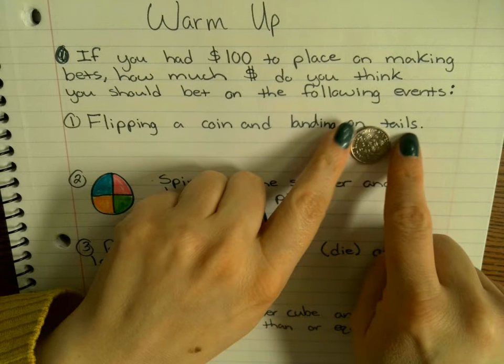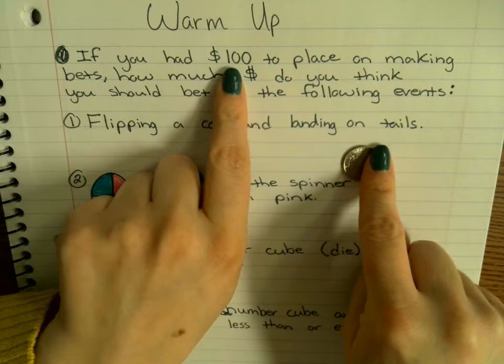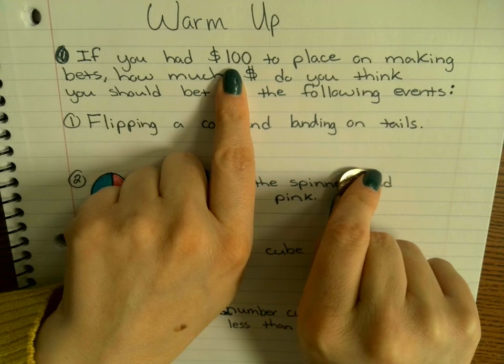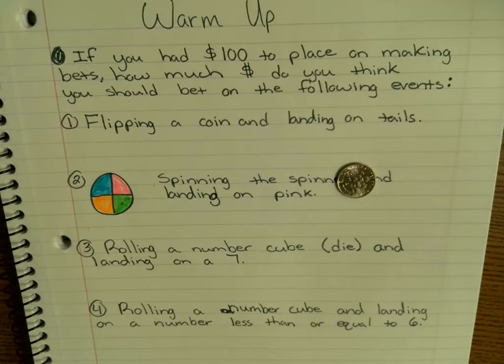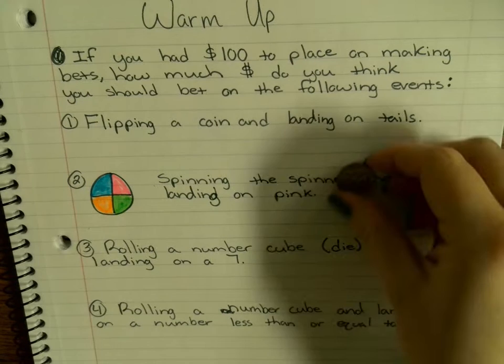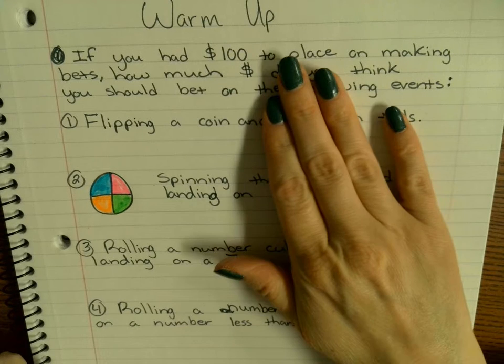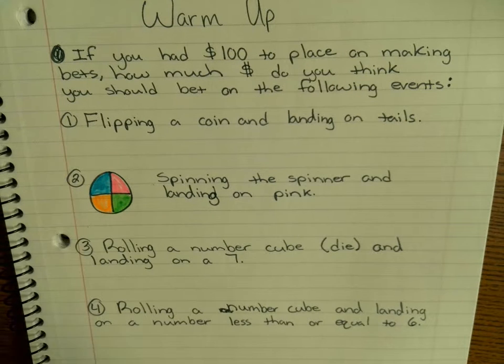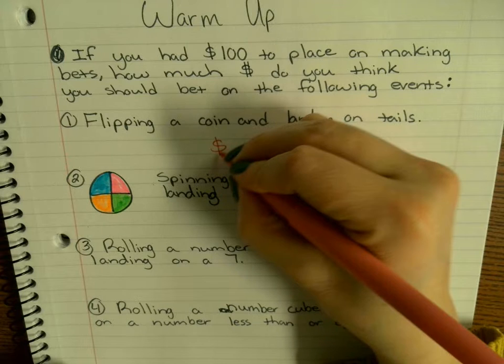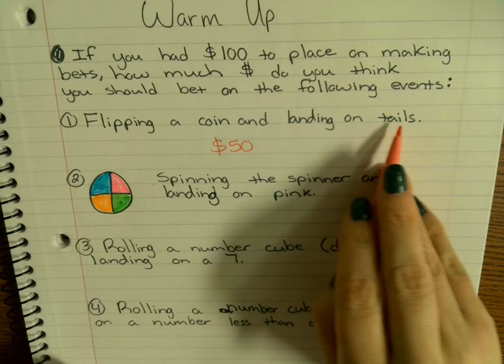So 50% of your money should be bet. Because you've got a 50% chance of not only getting that $50 back, but getting an extra. So thinking about the probability of the event should dictate your bet placement. So we're going to say $50 because, again, it's 50% chance that you're going to land on tails.